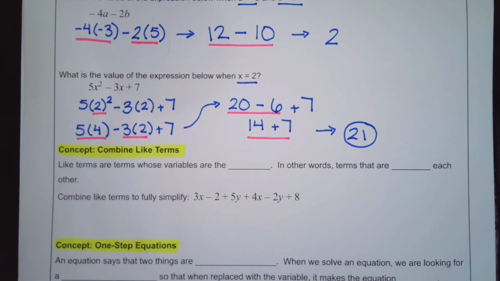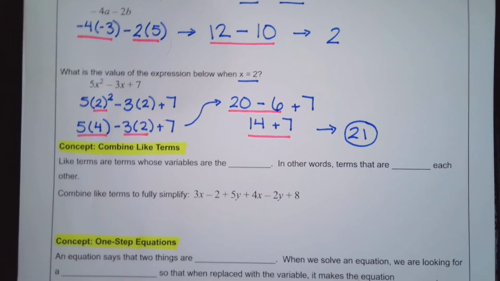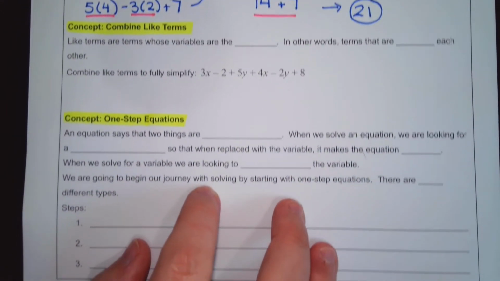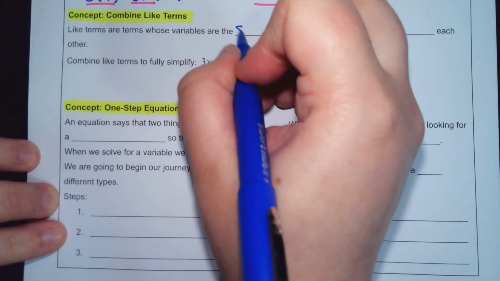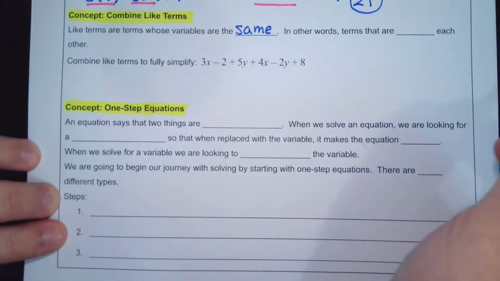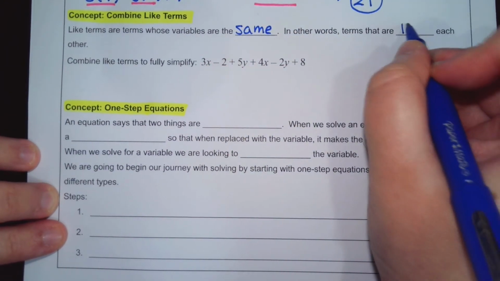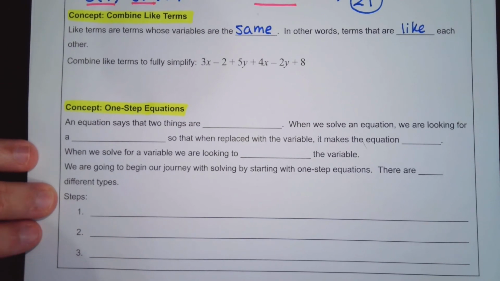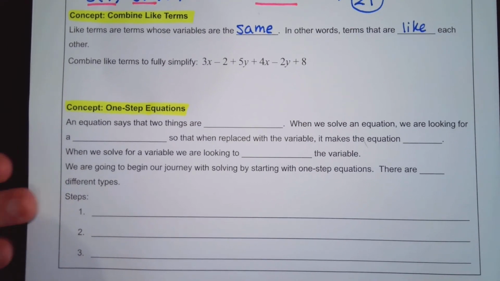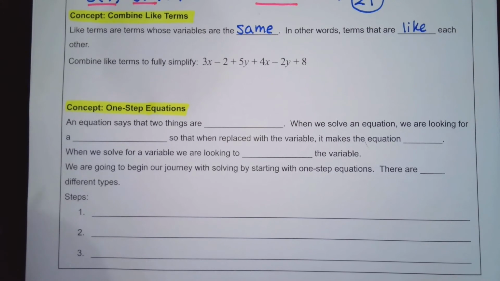Our next concept is combining like terms. So, like terms are terms whose variables are the same. In other words, terms that are like each other. So my suggestion for these is to use a pen and different colored pens to match up your like terms.